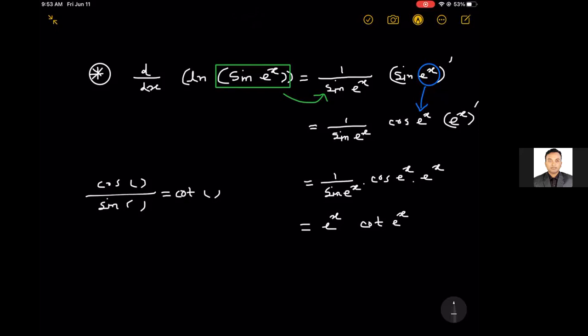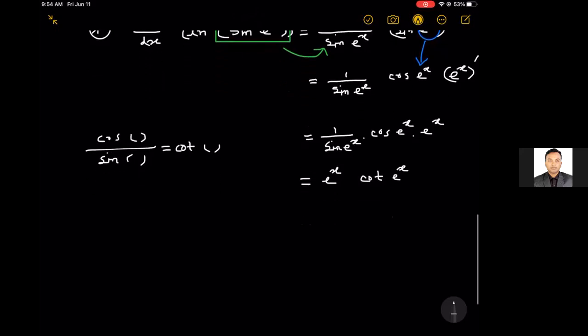All right, let's go to the next problem. Our next formula is this.